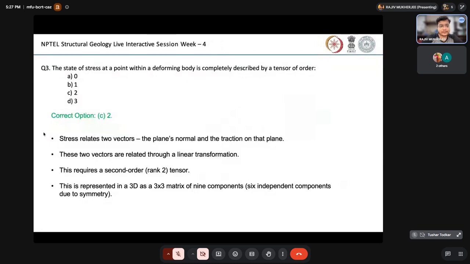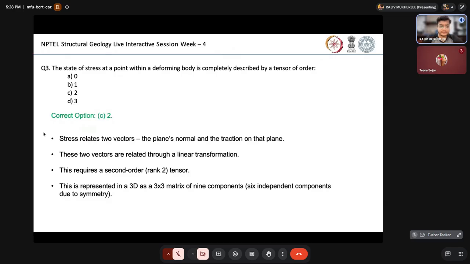So by calculating the determinant, you get the magnitude, and since it is a symmetrical matrix, you can calculate the eigenvectors as well. And these eigenvectors will match the principal stress axis orientations.